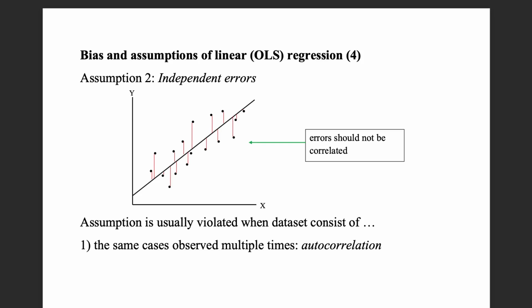So one situation where that tends not to be the case is if you observe the same cases over time. So let's say that we would be analyzing a data set where we have the level of democracy measured for the Netherlands from 1945 until 2020.